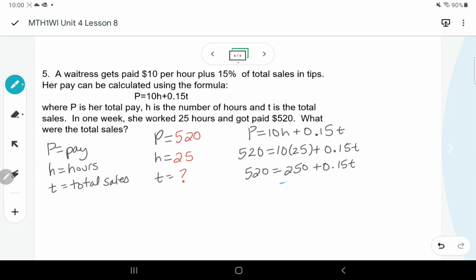Going through to solve this equation, I'll move the 250 over. That's gone. 520 minus 250 is 270. Equals 0.15 times T. And then to get T by itself, I'm going to divide by that decimal, the 0.15.